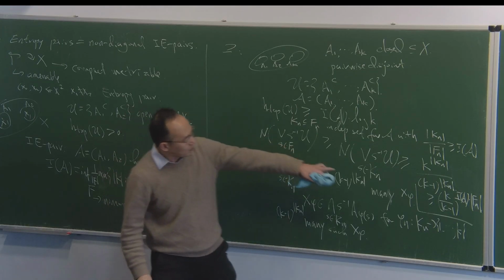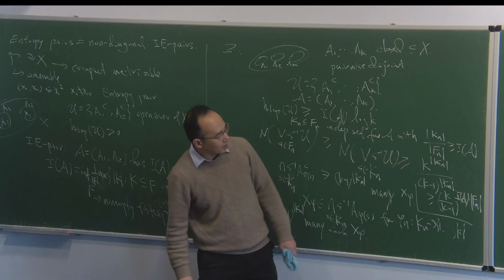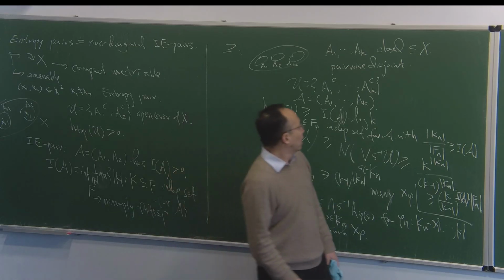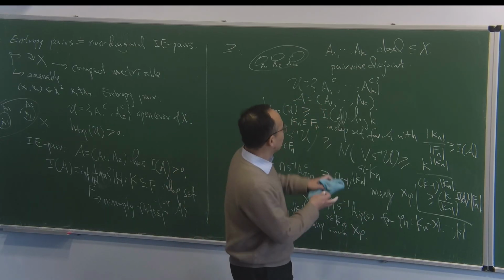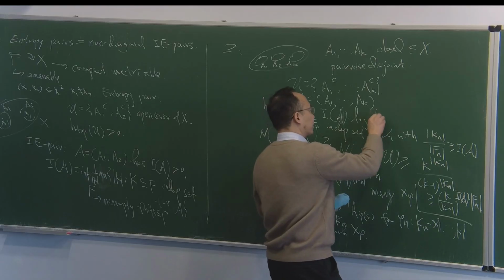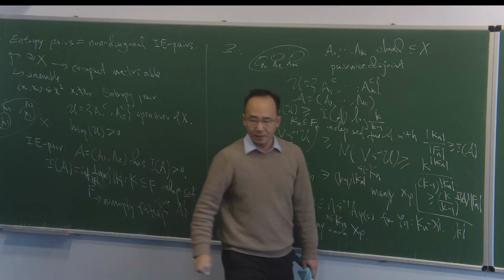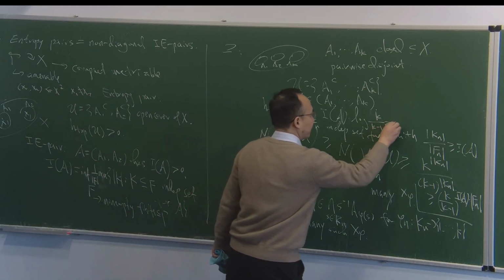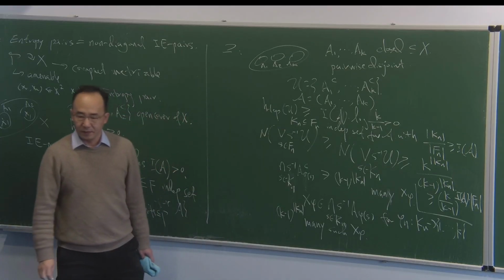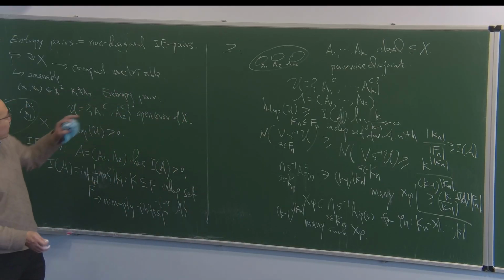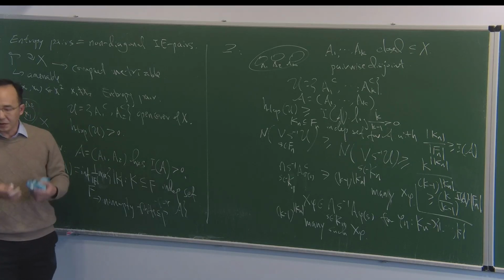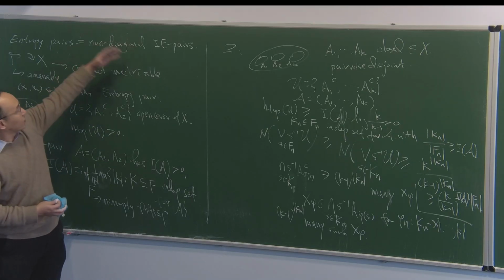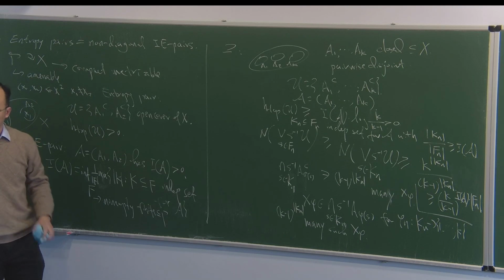Now we take a logarithm on both sides, divided by the size of Fn. So that is the easy part. From the independence on this right hand side, you can easily get that the entropy is at least log k.